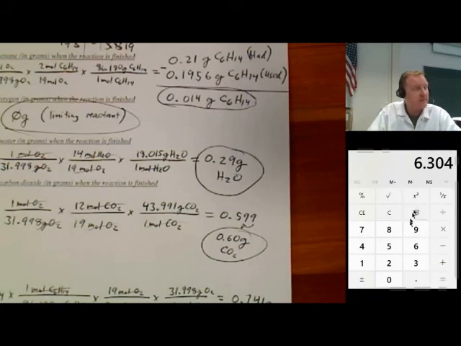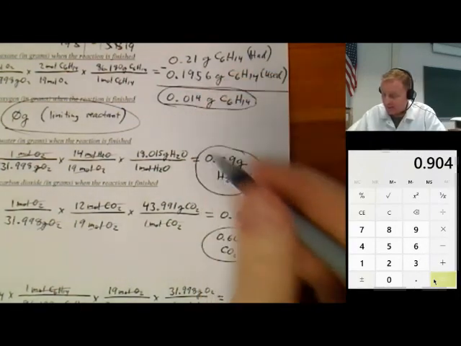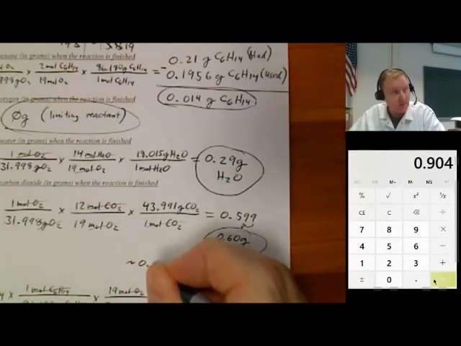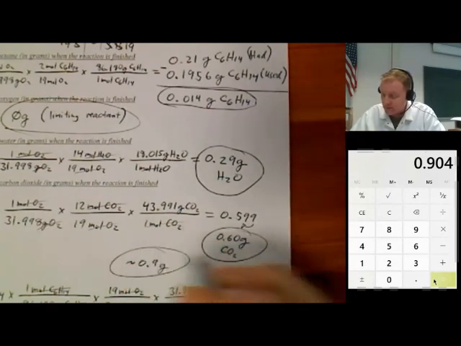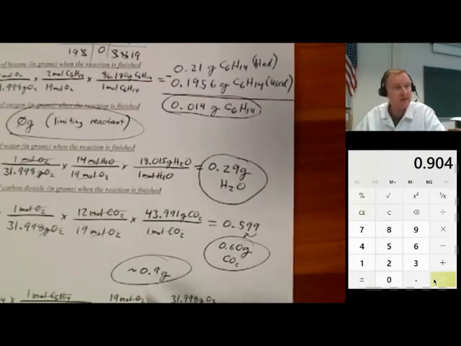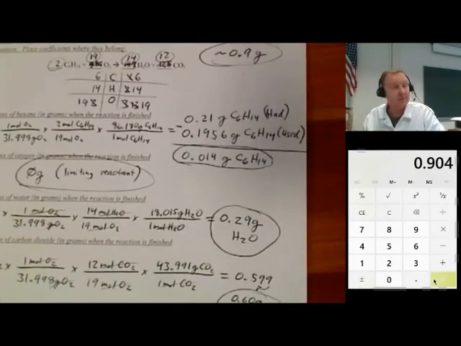I think you get the point, but let me do it anyways. 0.014 plus 0.29 plus 0.6, all these added up together comes out to roughly 0.9 grams. So these two, that's what we started with, that's what we ended with. Good sign that we did it right.